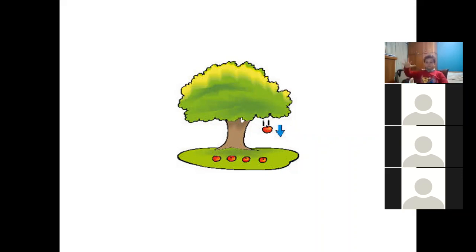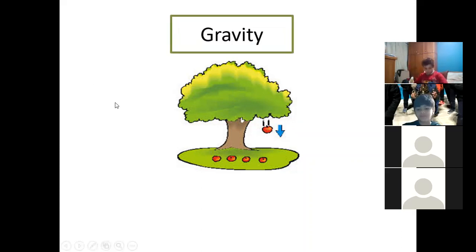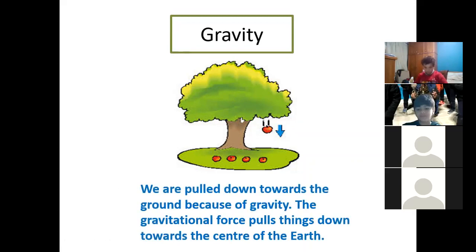We will not be able to stay in one place or walk normally, and all the things around us will not be accessible. Everything will be just flying around and we will have a lot of trouble living our daily life. So gravity is a very important kind of force that we are blessed with every day in our life.